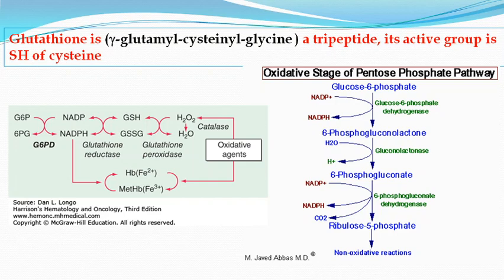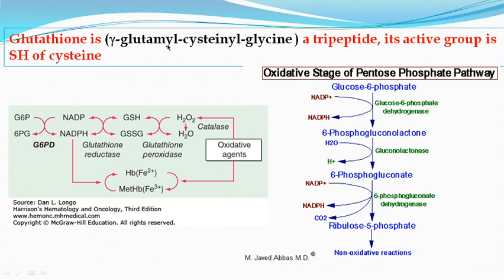There are certain enzymes and other compounds, other than the vitamins, that act as antioxidants and can protect the cell membrane against hemolysis. For example, glutathione. What is glutathione? Glutathione is a tripeptide. Tripeptide means it is formed from 3 amino acids.